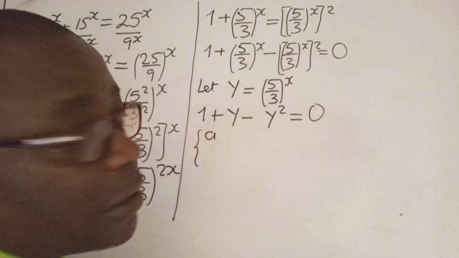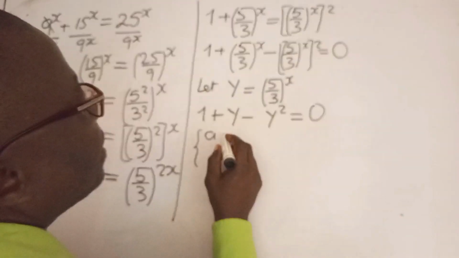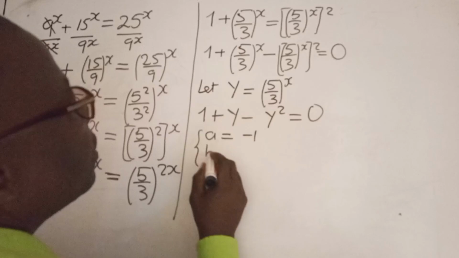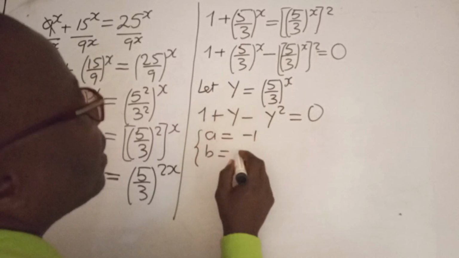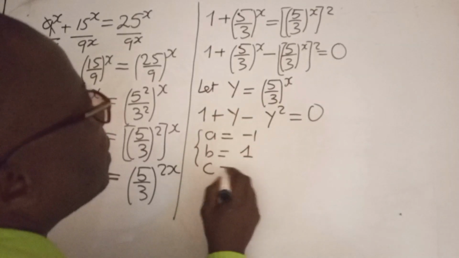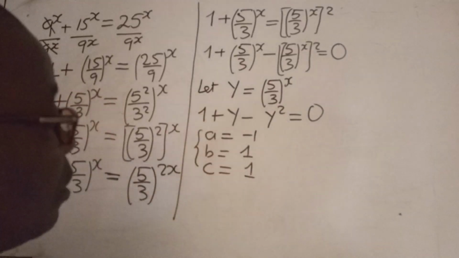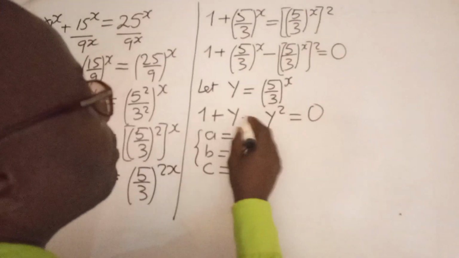We have a is always the coefficient of the squared term. The coefficient of the squared term here is -1. B is the coefficient of the y term, the coefficient is 1, and C is our constant. So after collecting this, we now apply the quadratic formula.